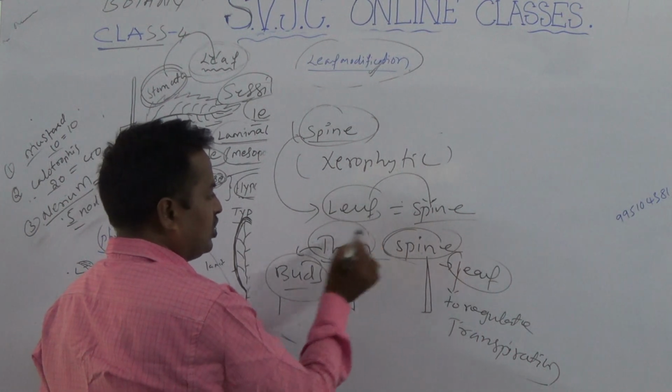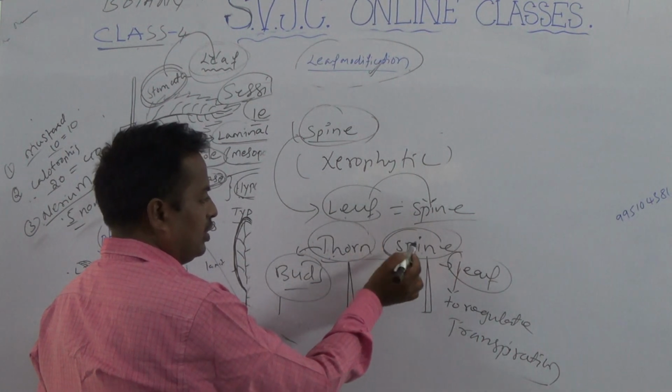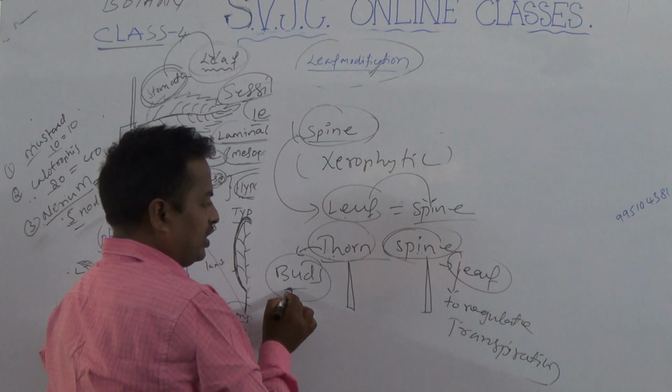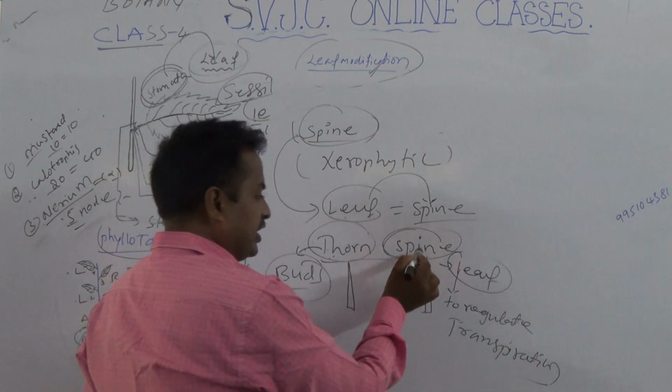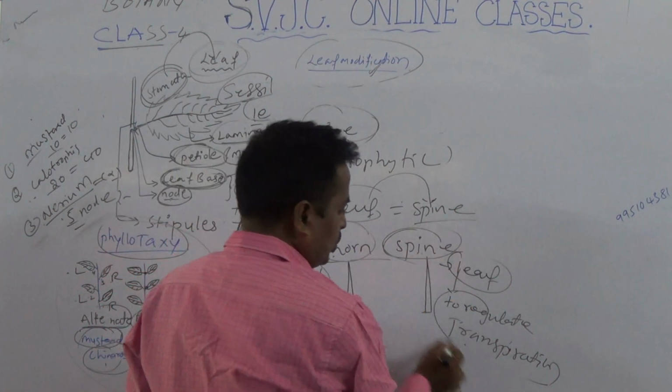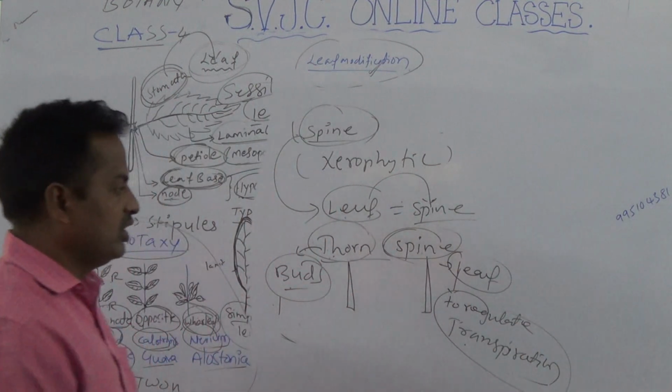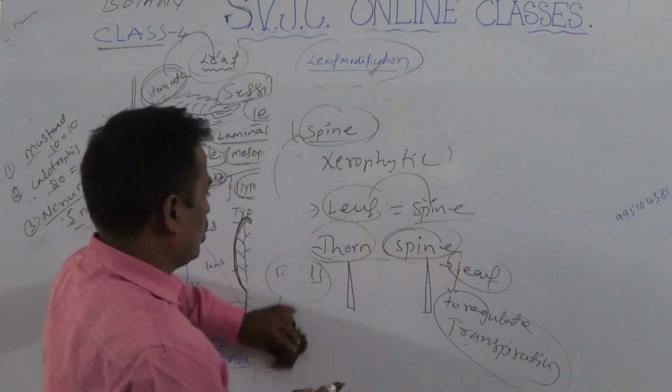That is the main differentiation between thorn and spine. A thorn protects the plant from grazing animals, while a spine protects the plant as well as regulates transpiration.